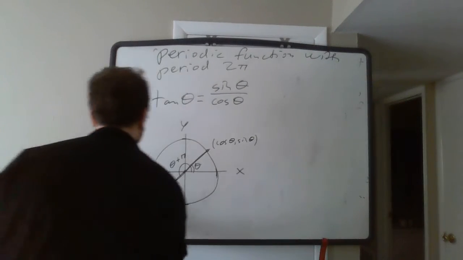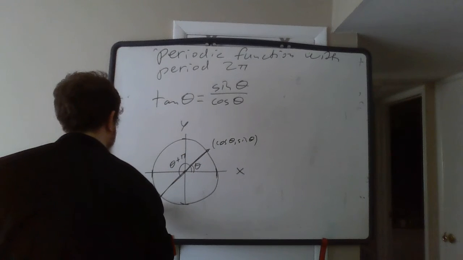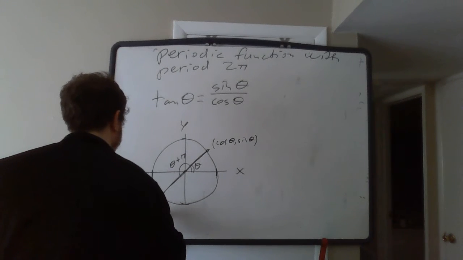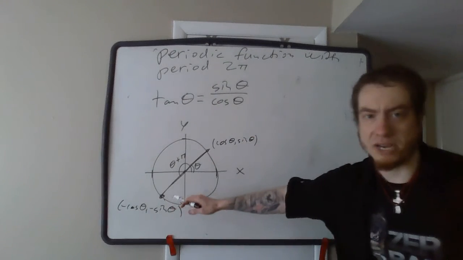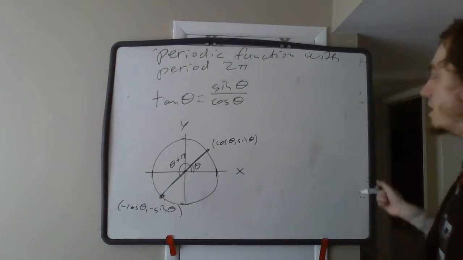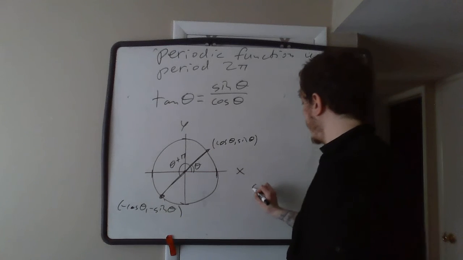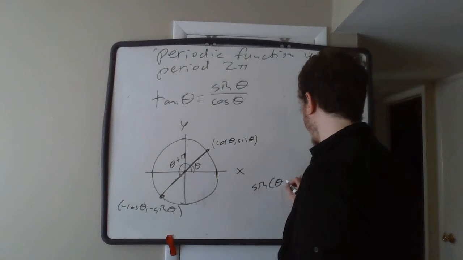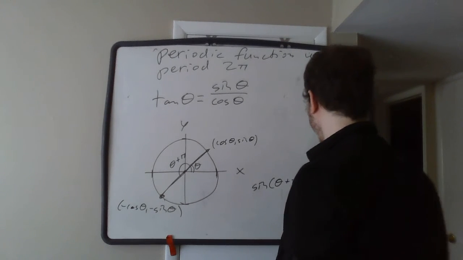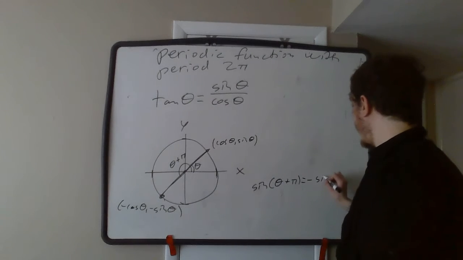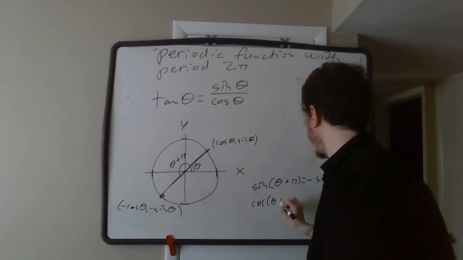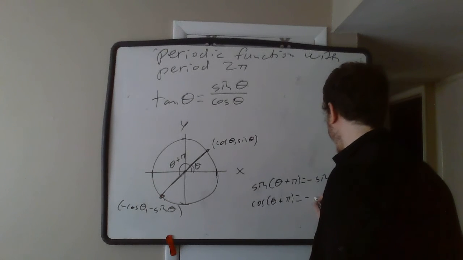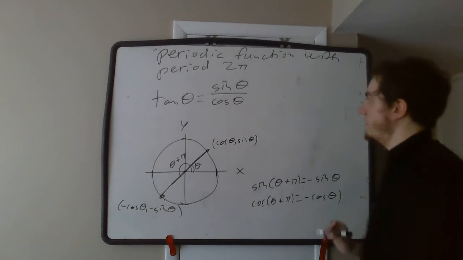So we're going to have negative cosine theta, negative sine theta for this terminal point down here. Sorry, I was in the way there for a moment. So what we can say about this is that the sine of theta plus pi is equal to negative sine theta, and the cosine of theta plus pi is negative cosine theta.